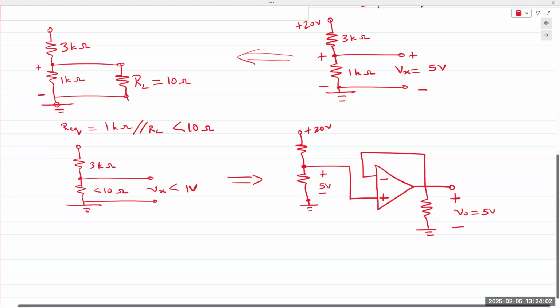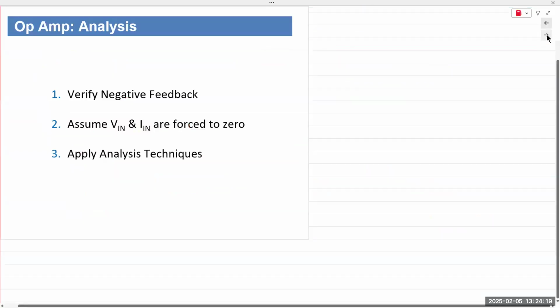All right, so op-amp analysis first requires that we verify negative feedback.